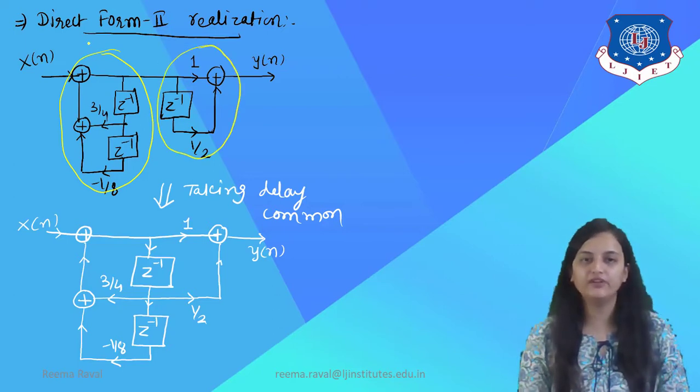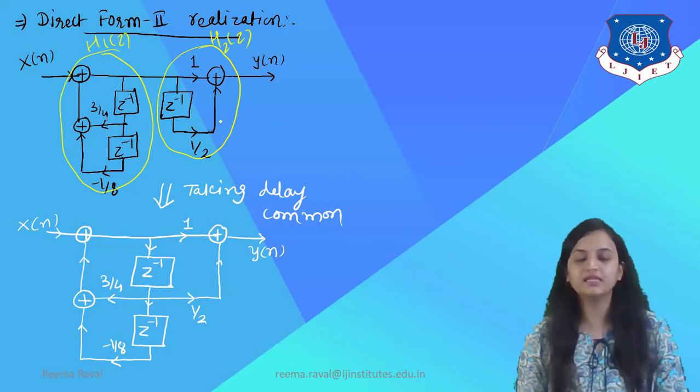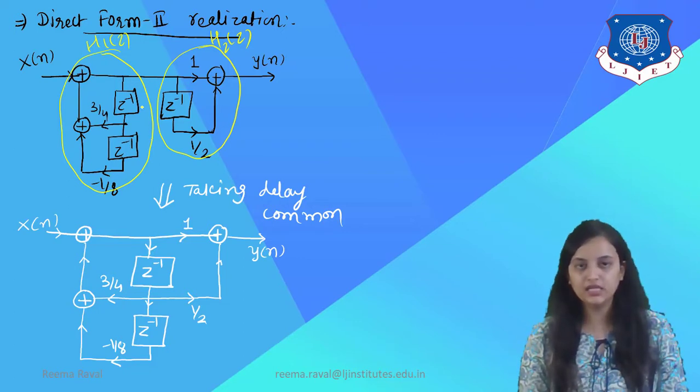Now the biggest advantage in direct form 2 realization is that you can take the common delay elements. As you can see here, z inverse is there, here also z inverse is there. So you can take the common delay elements so that the number of delay blocks can be reduced.